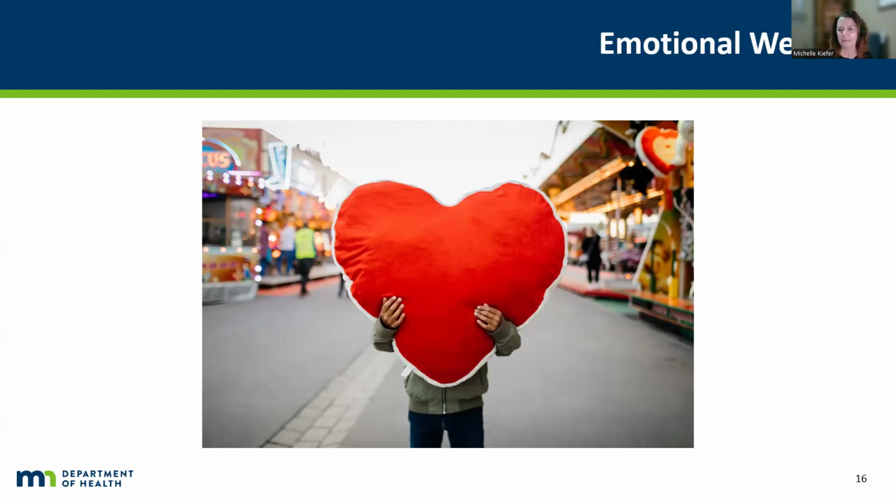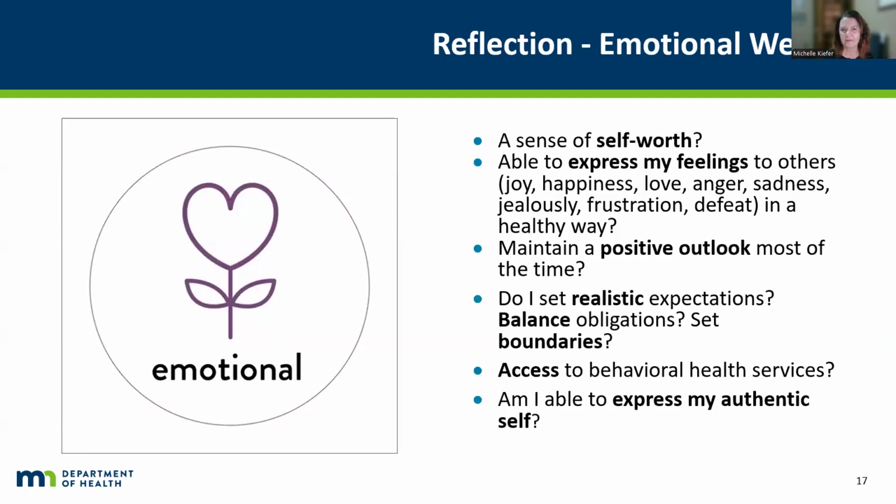So as you travel along and you're trying to find that emotional wellness, becoming aware of your feelings and better being able to express those feelings is having a sense of emotional wellness. On the next slide, it gives you some questions to think about when wondering about emotional wellness and what that means to you.